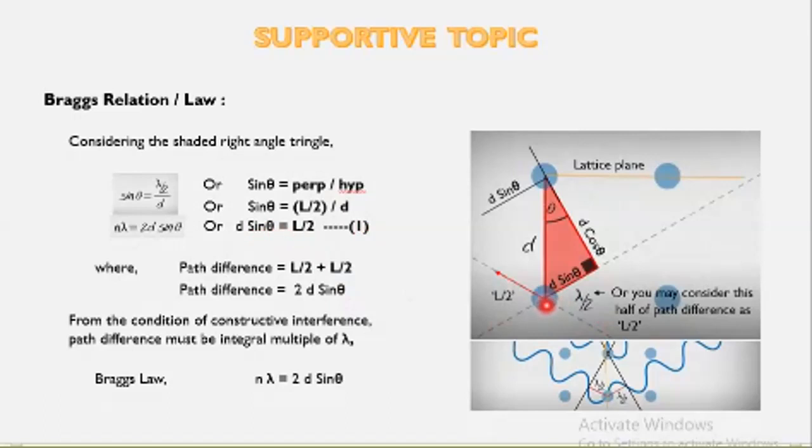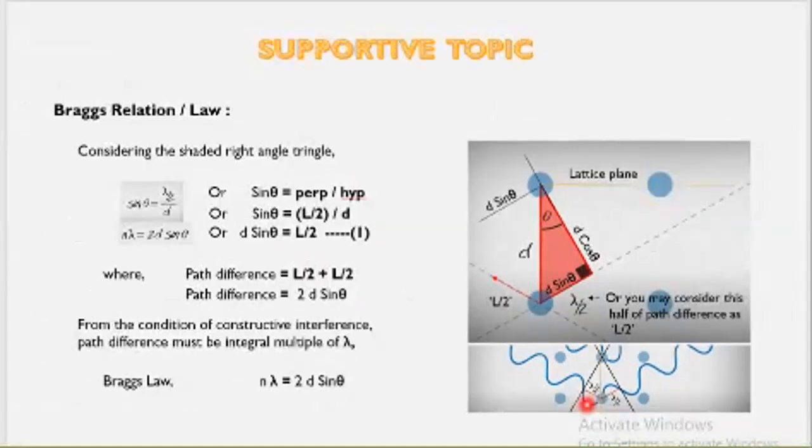Now, since we have seen in the previous description that this part of the triangle, d sine theta, is actually half of the path difference, because the complete path difference is the path difference covered by the incident beam and the path difference covered by the scattered beam.